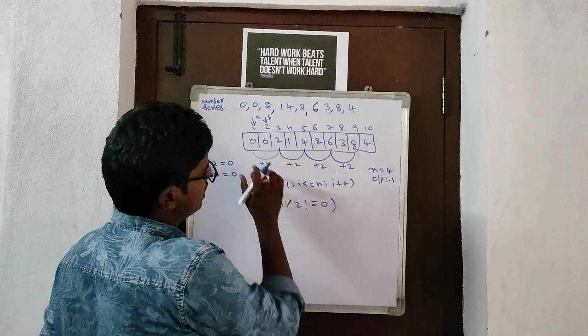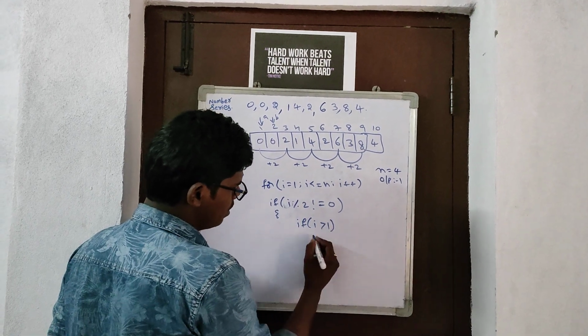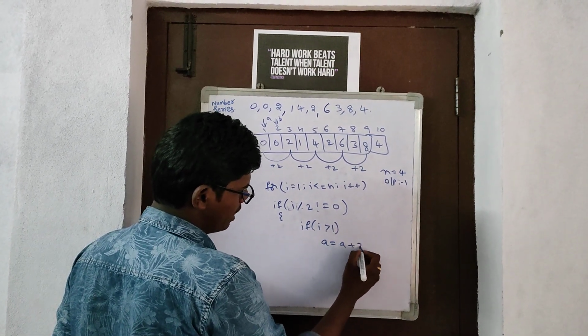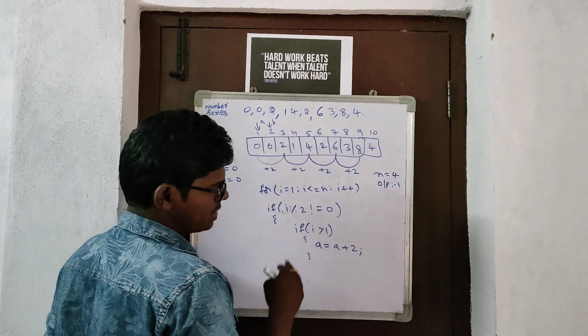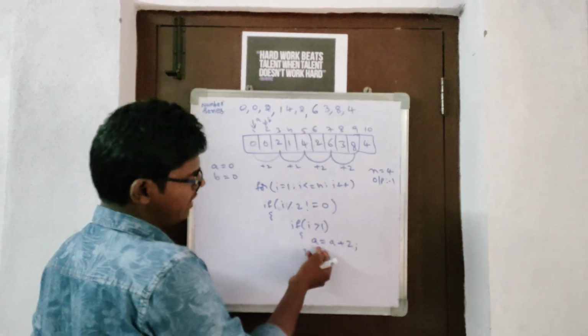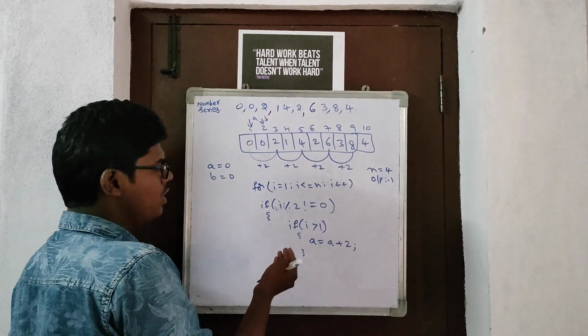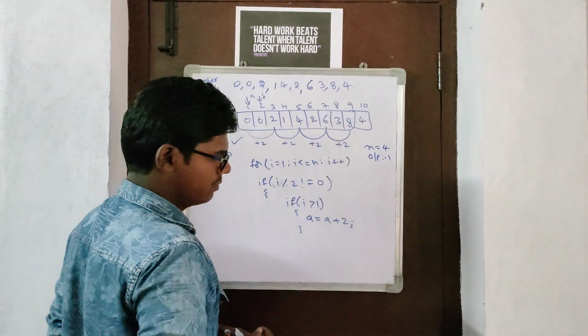For the first number I am not taking it, only for i greater than 1, because if I took i equal to 1 also, it would give the initial value as 2, but the initial value is 0. So initially a is 0, and that's why I consider i greater than 1.